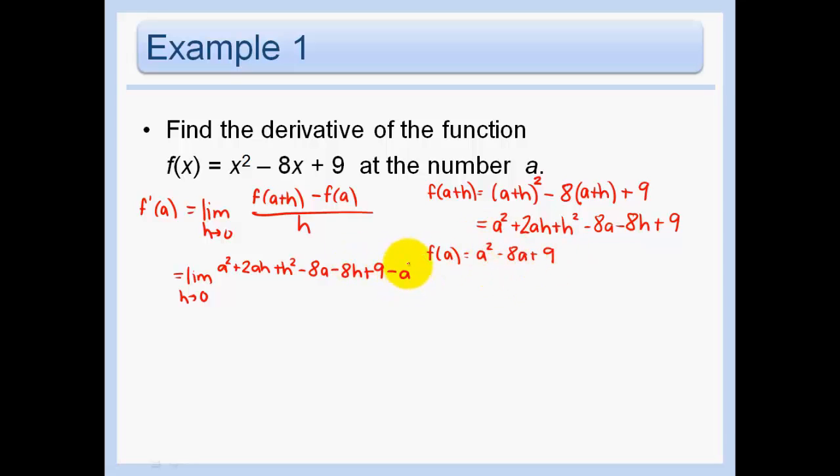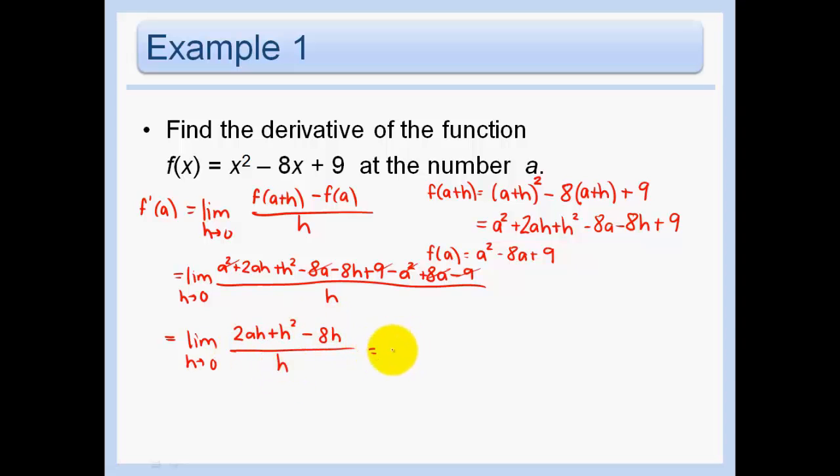So I'm just going to switch all the signs. And so my a squared cancels out with my a squared, and my minus and a plus and a plus and a minus. So we end up with the limit as h approaches 0 of 2ah plus h squared minus 8h all over h.